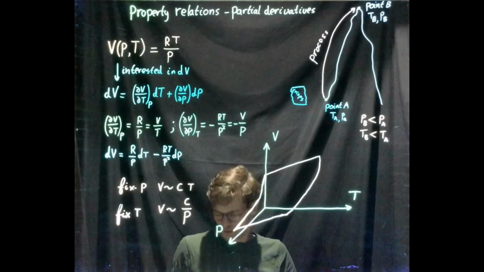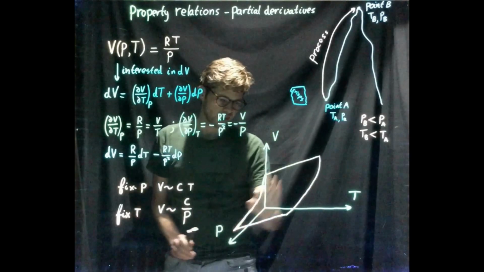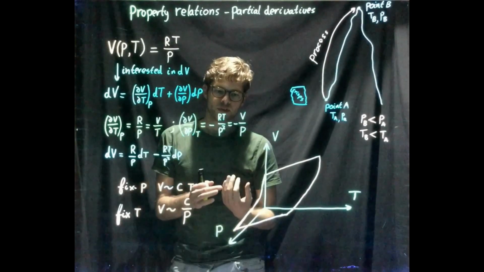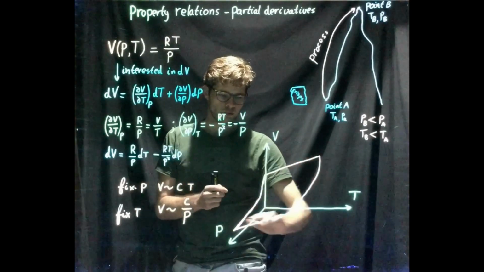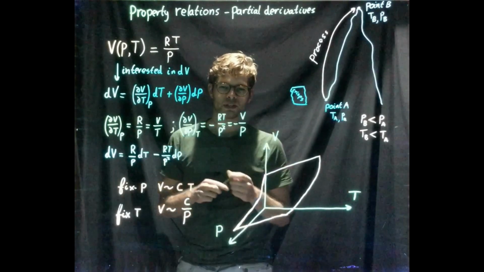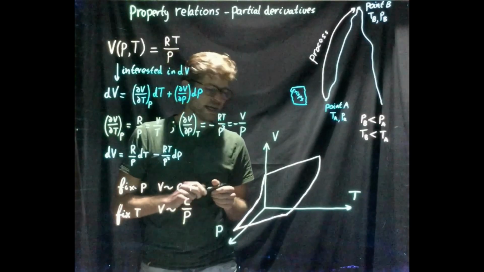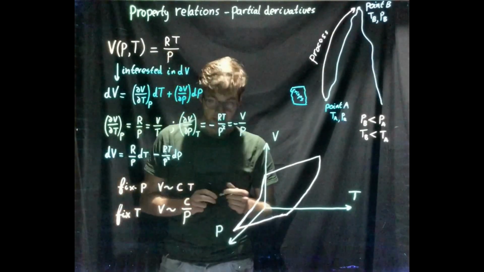Okay, so this is the surface of the volume. So this is how the volume is described by pressure and temperature. You may remember this surface from the exercises, the PVT diagram.